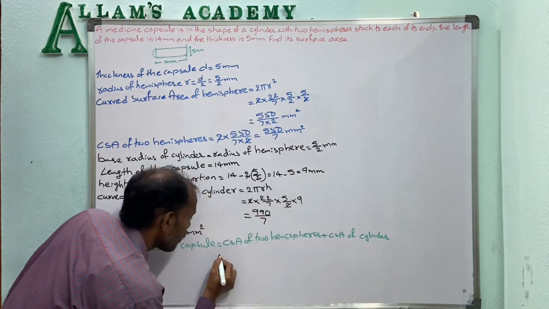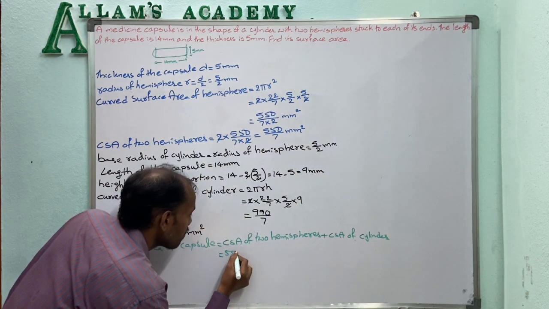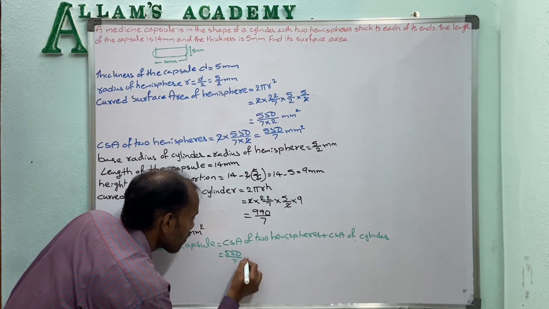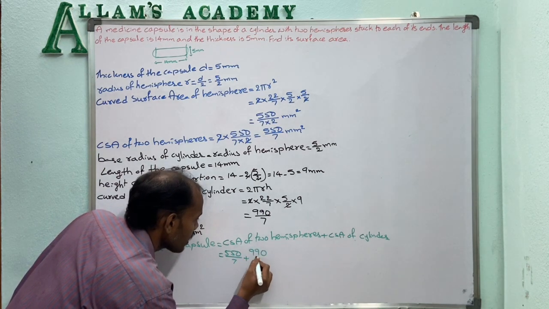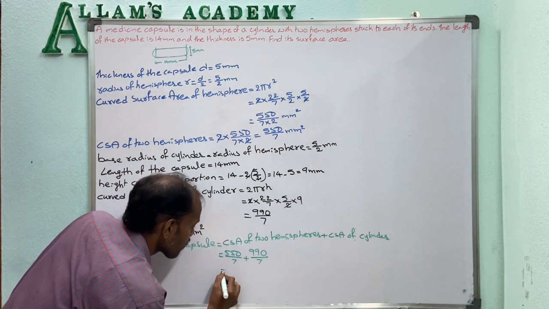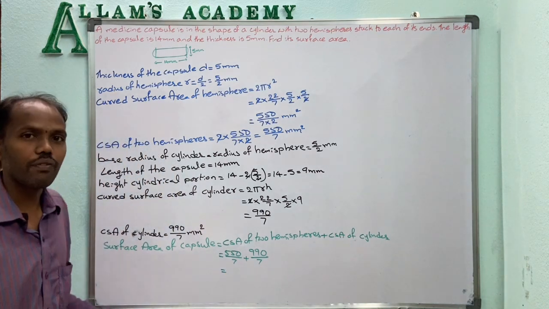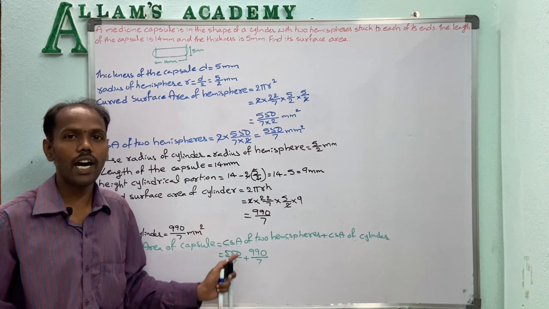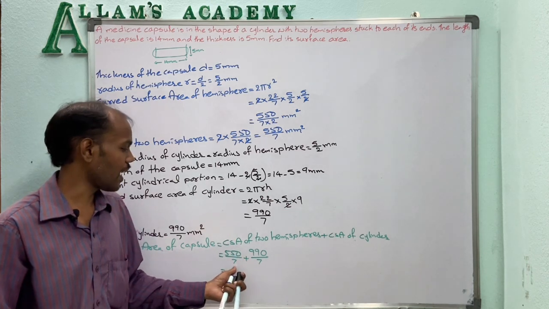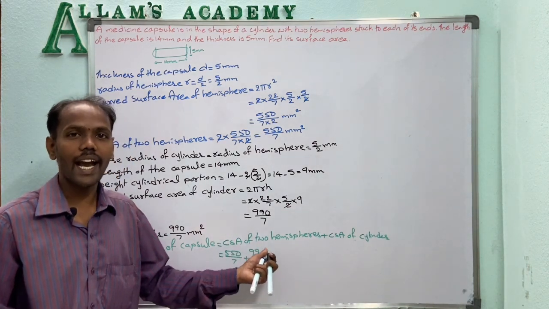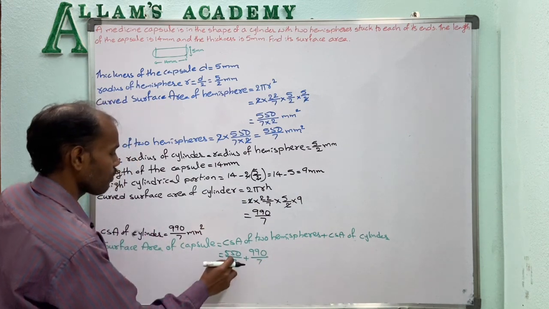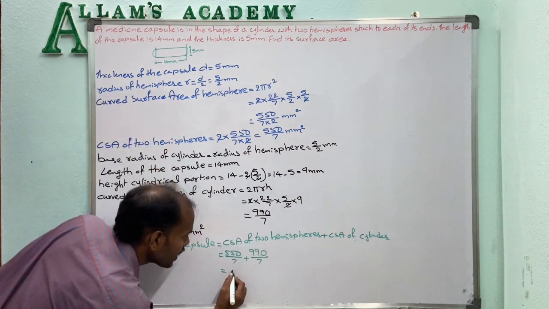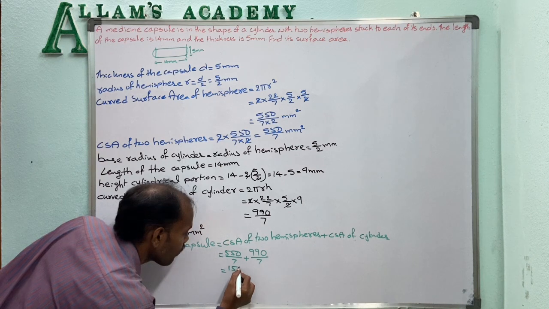That is equal to 550 by 7 plus 990 by 7. If we observe these two fractions, 550 by 7 and 990 by 7, both have the same denominators, so they are like fractions. So directly adding the numerators, 550 plus 990 is 1540.